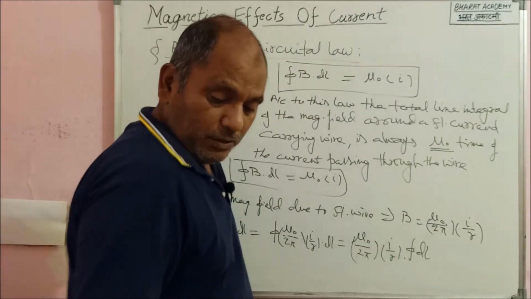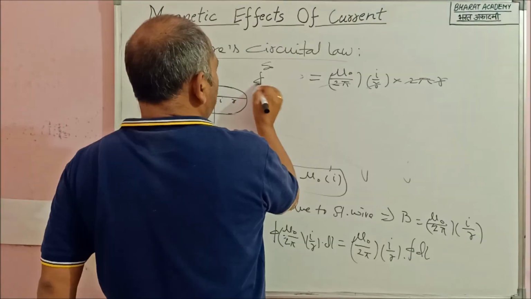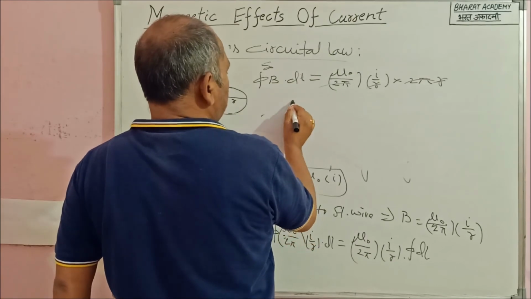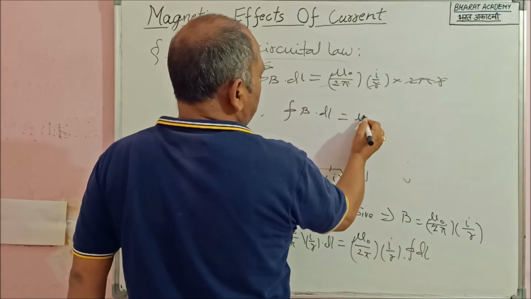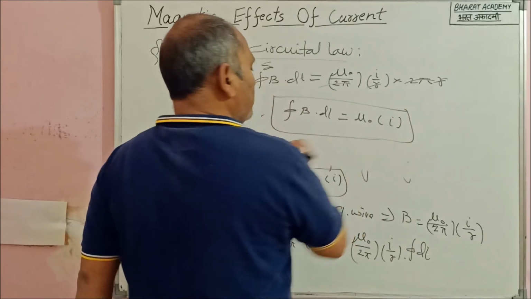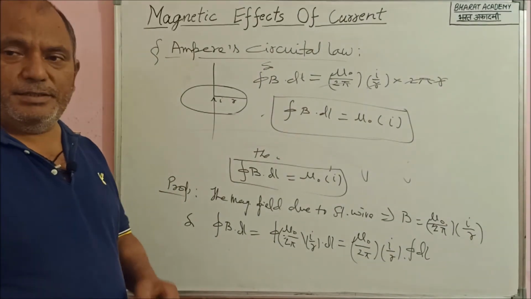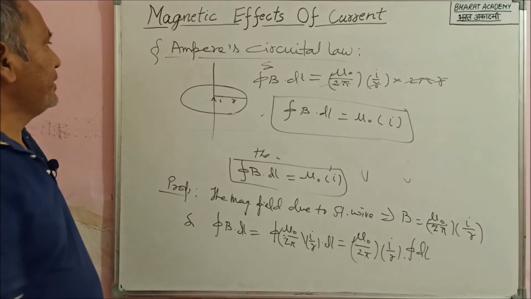Now again, closed integral of dl means the circumference of the loop. So the closed integral of B dl comes out to be mu 0 times I. That's what Ampere's circuital law is, right? By using this we can prove so many formulas very easily, right?